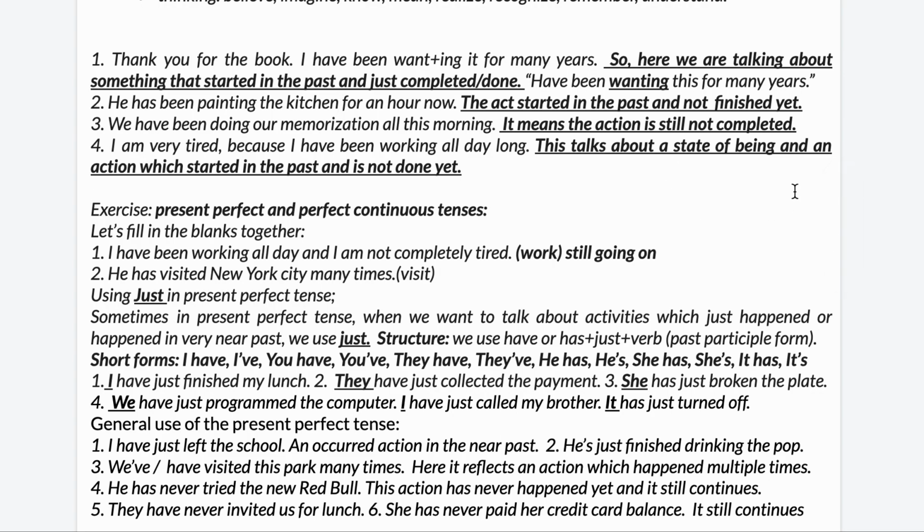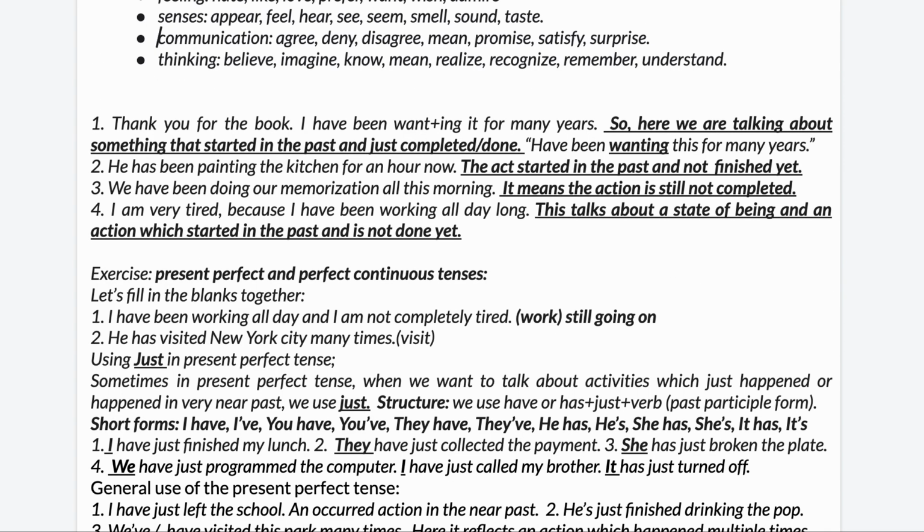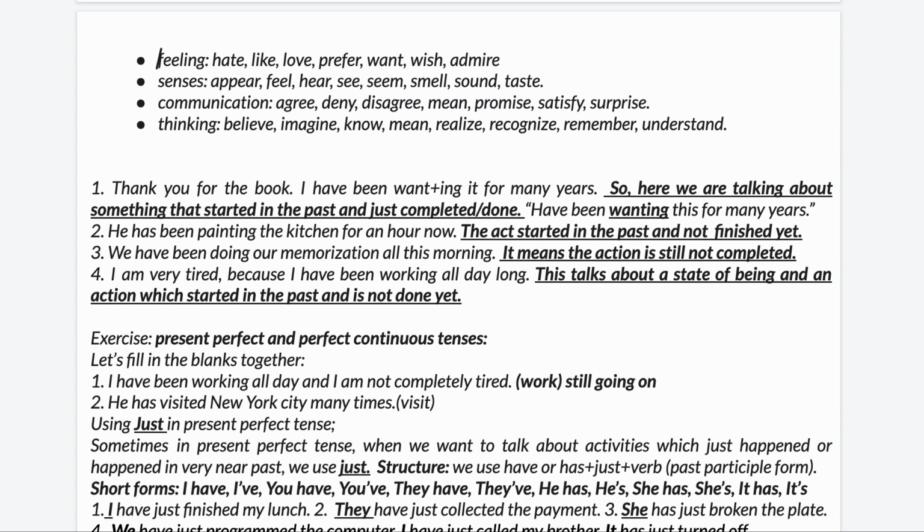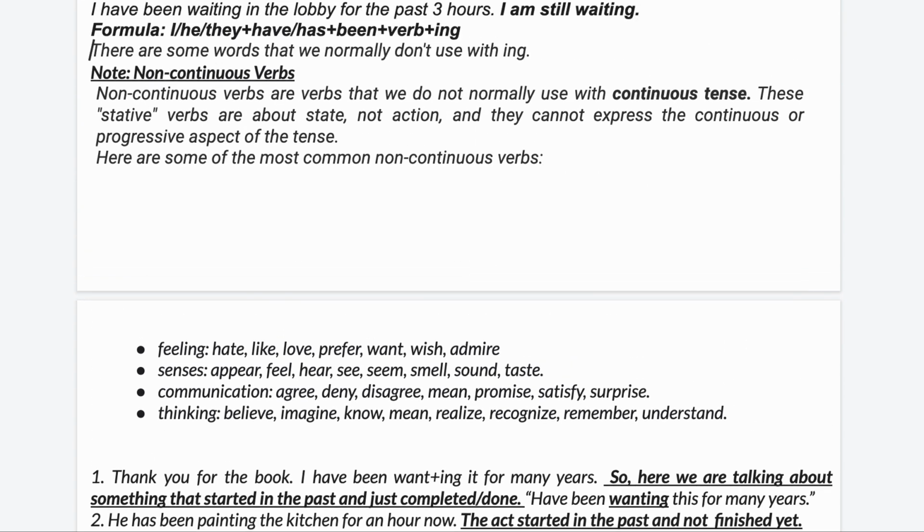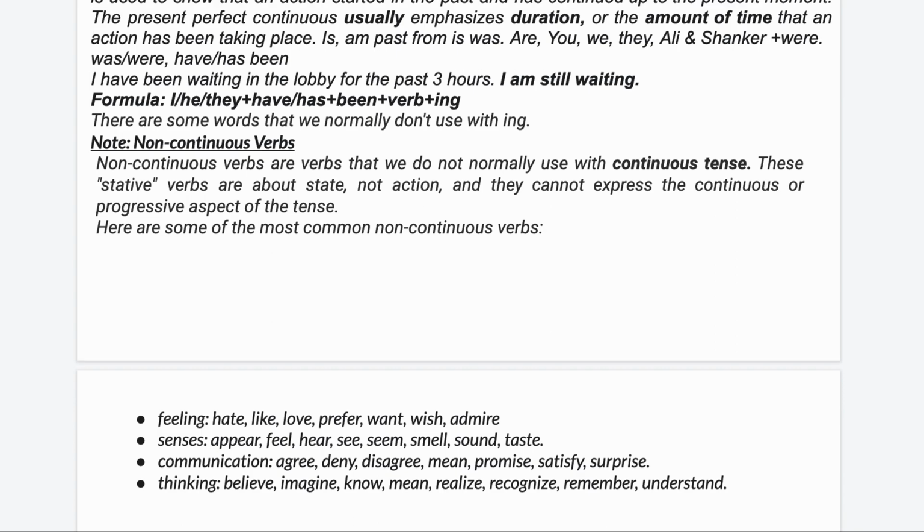So I hope you guys learned something from the present perfect continuous. I tried to explain it to you. I hope you learned some stuff, and also the non-continuous verbs. This part is very essential to understand, because if we just know the formula and the structure, but we don't know about these verbs and we use them, that's the wrong way to talk.